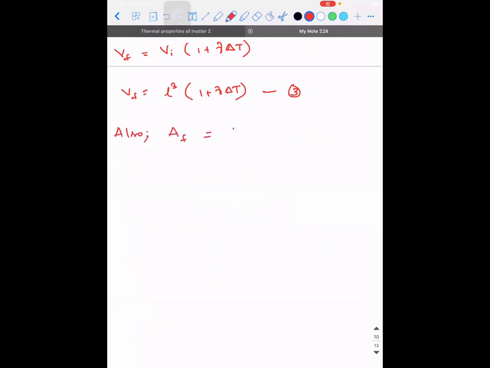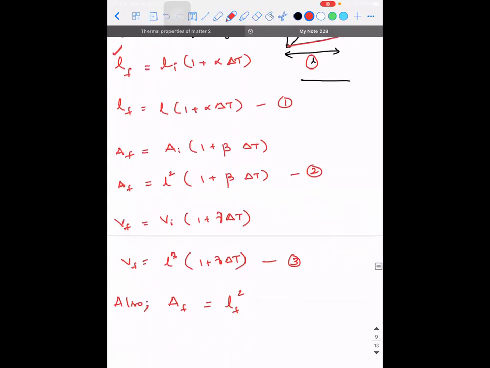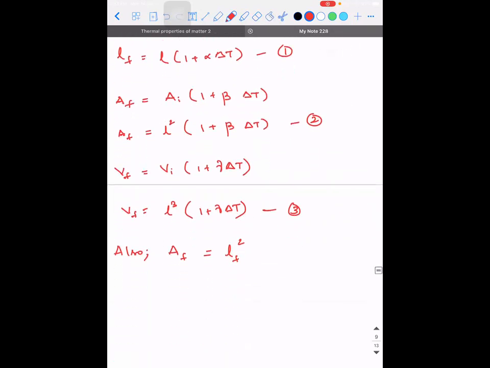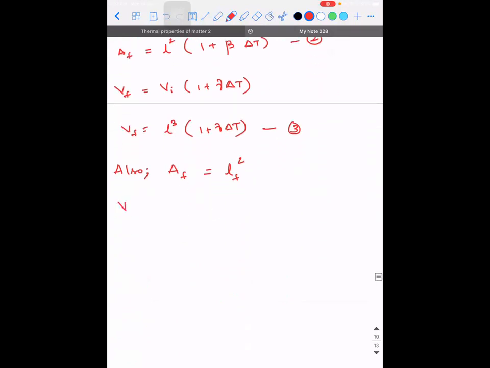A final is equal to L final square, because when A initial is L initial square, L initial is L. When A initial is the initial length square, A final will be the final length square. Correct? Similarly, final volume will be L final cube. Guys, am I clear? So let me call this 4 and 5.